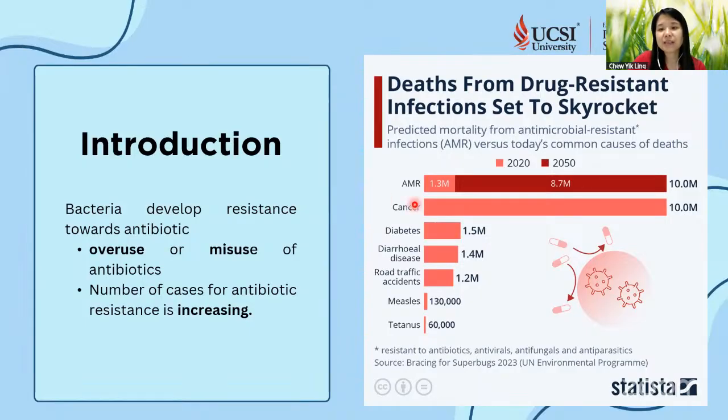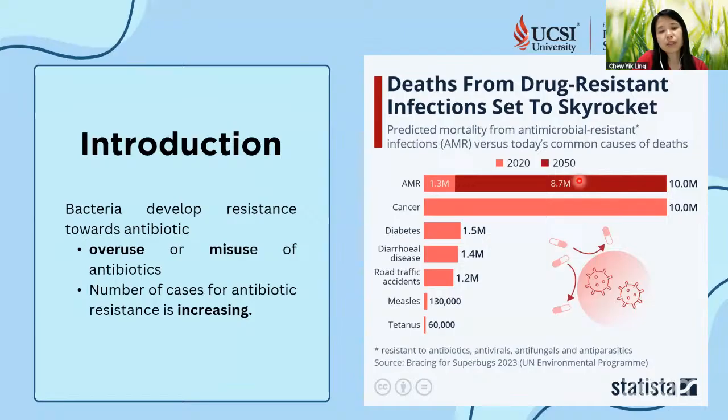Compared to cancer, which all this while we know is the number one killer, we are expecting that drug-resistant infection is going to increase and will be a common cause of death in the future. If you compare to diabetes, diarrheal disease, road traffic accidents, measles, and tetanus, these are very low when compared to antibiotic-resistant infection.